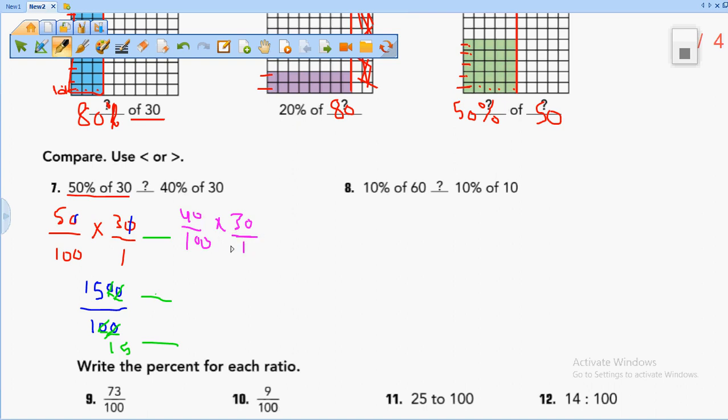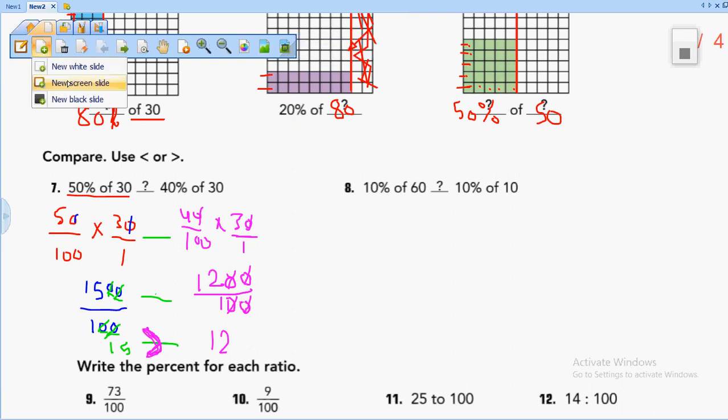So multiply numerator by numerator, bring the zeros down. 4 times 3 is 12, and 100 by 1 is 100. So again, as I told you before, we can cancel one 0 up, one 0 down, one 0 up, one 0 down. 12 divided by 1 is 12. So 15 is greater than 12.